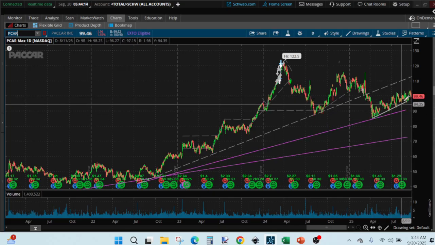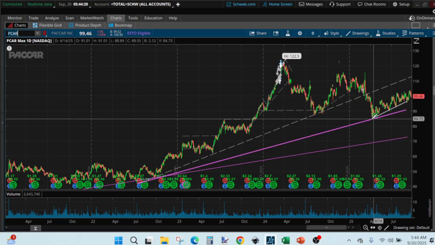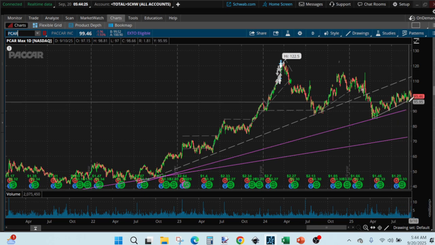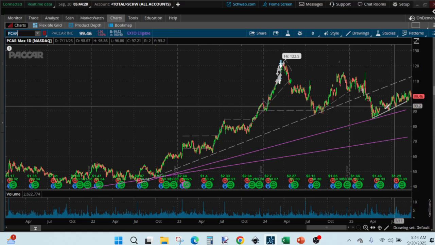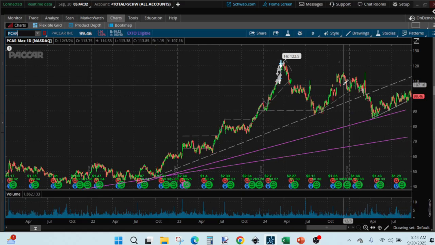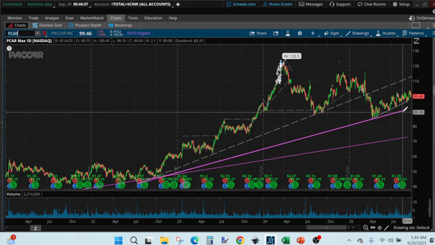And if we want, we could purchase some more here as well if we have a confirmation that it is going up. Here we have an upward trend line that is giving us an indication that it is getting ready to start going up.